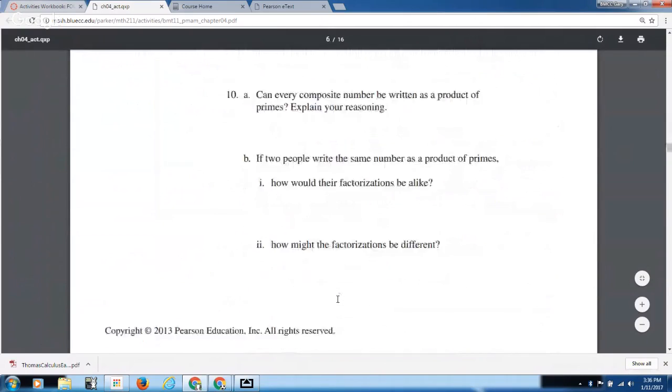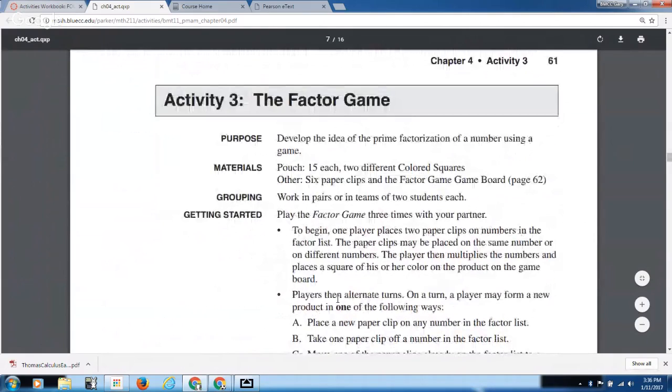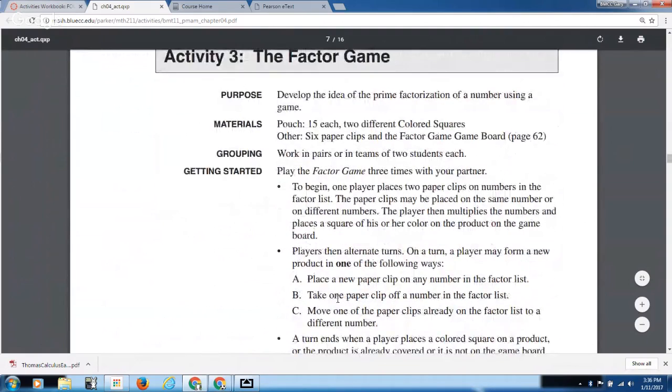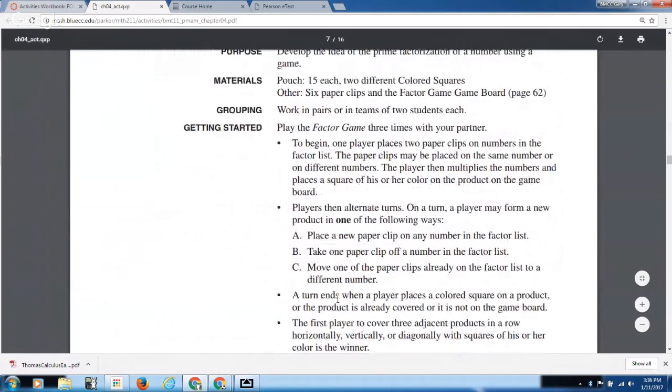All right. Next, we have the factor game, which is a little bit weird. So I'm going to demonstrate how that works. This one you want to try to find somebody to play with. And what you need is a game piece. Actually, you need multiple game pieces, and you need some paper clips.